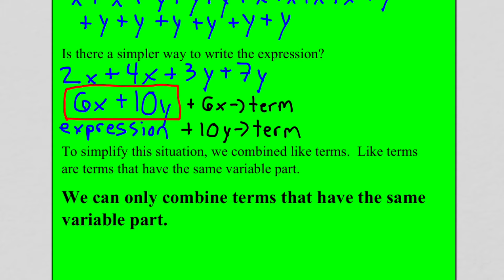So the positive 6x and the positive 10y are called terms. And then, of course, we know that the x, just the x, and the y, the unknown numbers, are called variables.